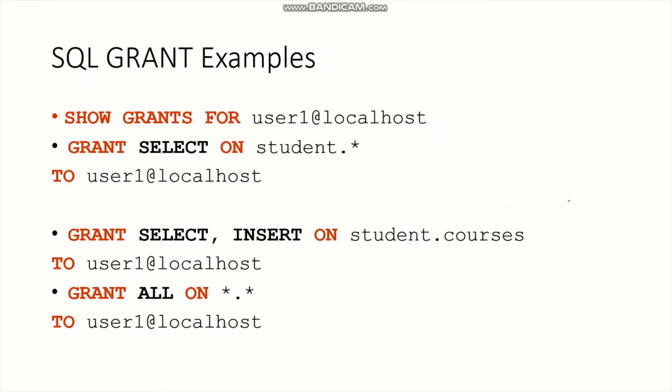We have some examples about grant. The first one is to see the list of all assigned privileges to a particular user, or we can say to show all the grants for a particular user. So now we will check this in our workbench.